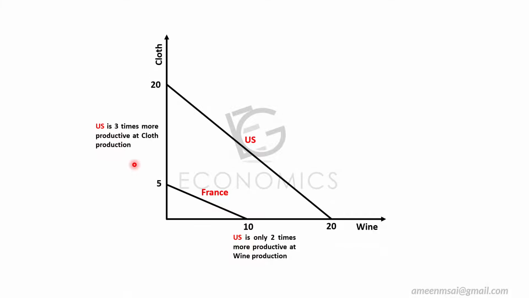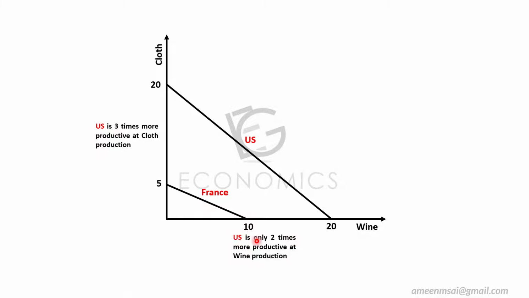Here it is written US is 3 times more productive at clothes production. So what is here? For using 1 hour of labor, France can produce only 5 units of clothes, but US can produce 20 units of clothes. That is, US is 3 times more productive in cloth production, more than 3 times the amount of cloth can be produced in US using 1 hour of labor.